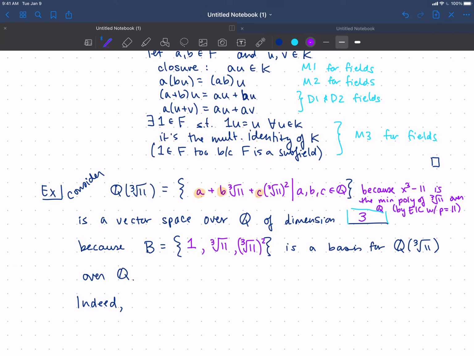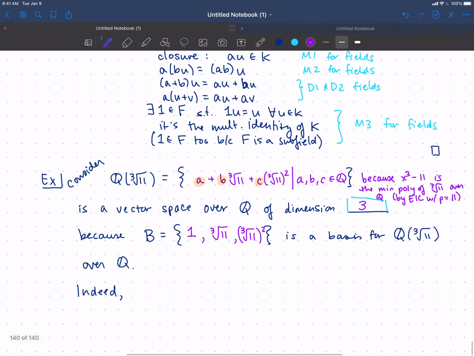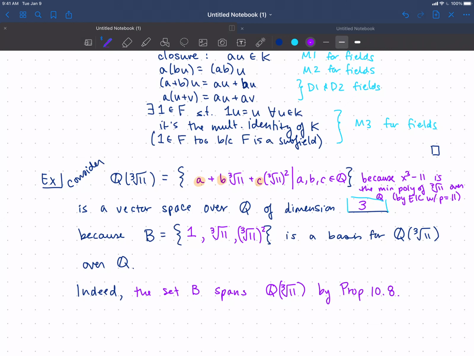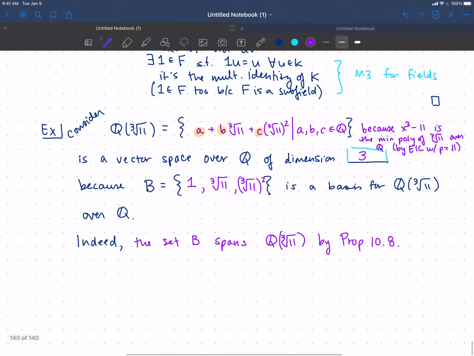So here's how we're going to do that. Let's do spanning first. The set B spans Q adjoin cube root of 11 by proposition 10.8. So let's unravel what that means.